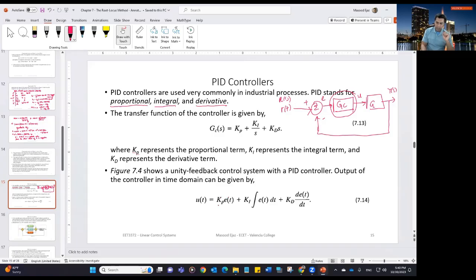So the error signal is multiplied by a gain value. Then that is added to the integral of the error value times the gain of the integral, Ki, and then the derivative of the error value times the gain of the derivative, Kd.